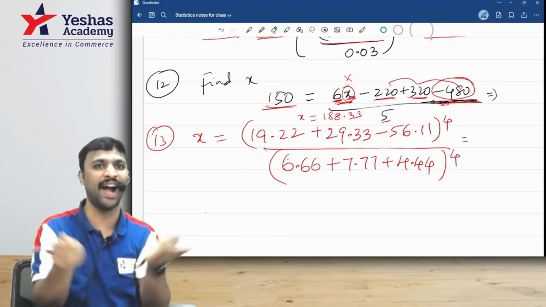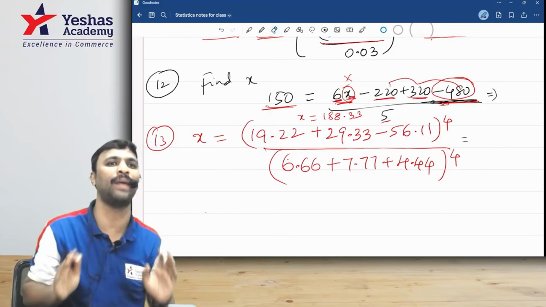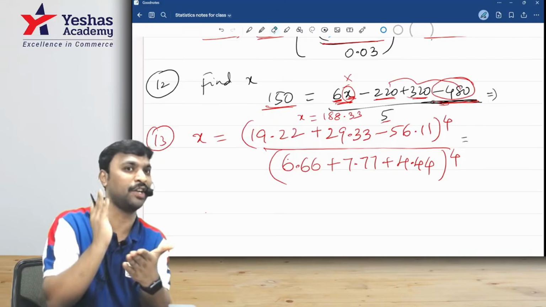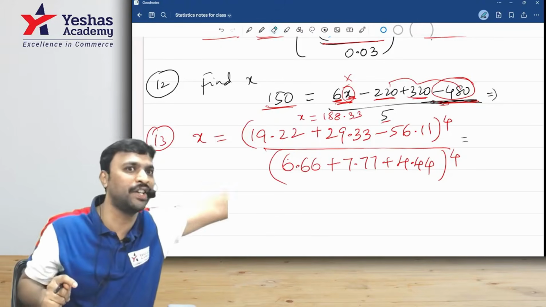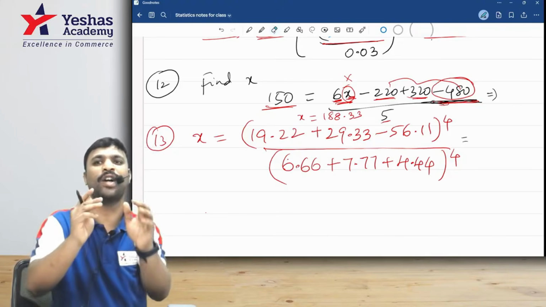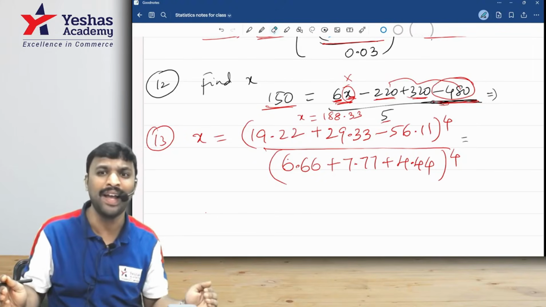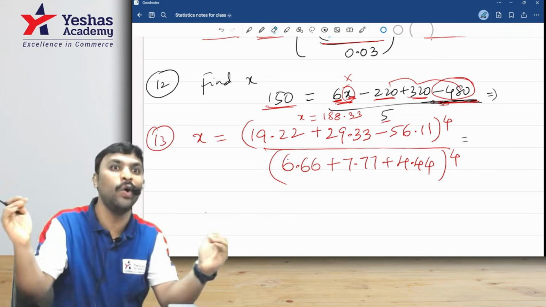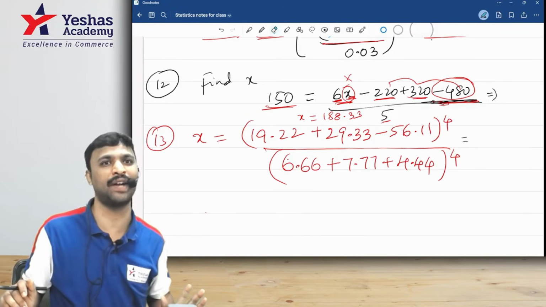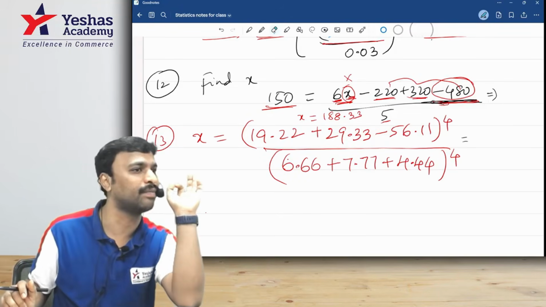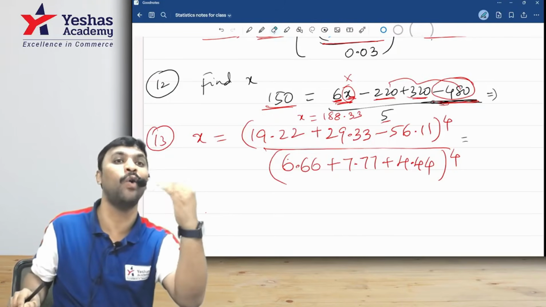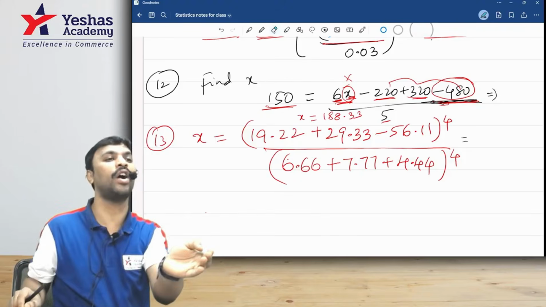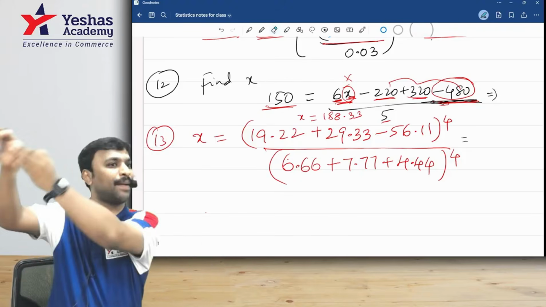Whatever is whole divided by or whole multiplied. First thing that you should transfer is, everyone please concentrate. The first thing that you should transfer on the other side is whatever is whole multiplied by or whole divided by. Are you getting it? Whatever is whole multiplied by, or whole divided by, or whole thing plus something.